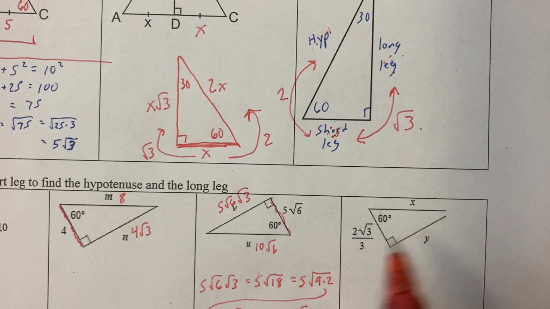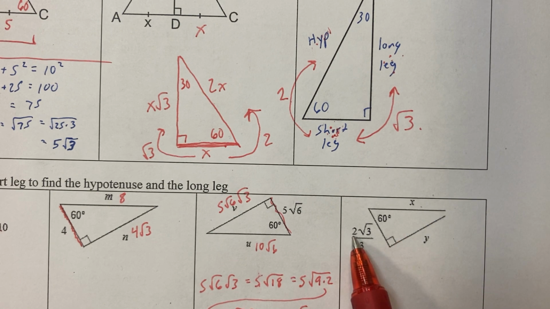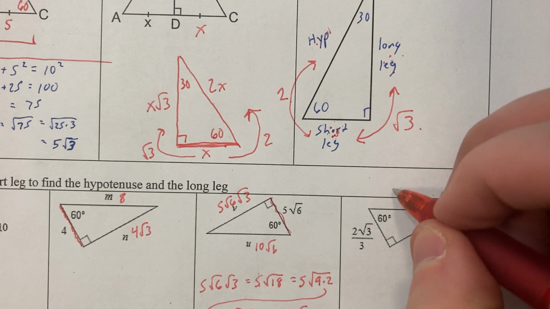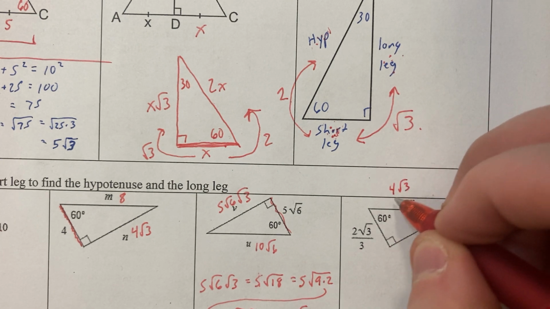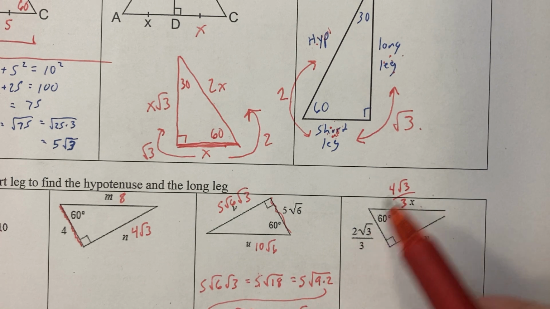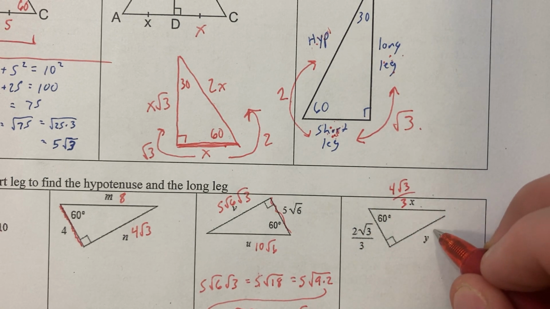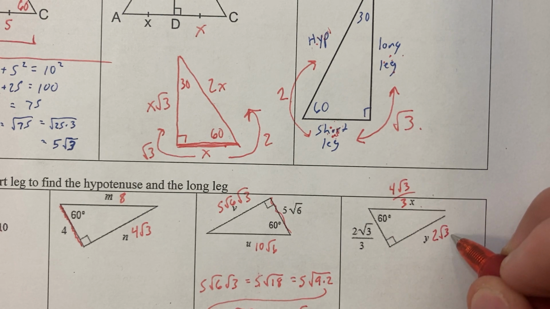Okay, over here. Let's see here. For this one, we double it. So this is 2 root 3 over 3. To double it, you just do 4 root 3 over 3. That is now doubled. Put a 2 on the top. I doubled the top. That doubles the whole thing. And then this one is 2 root 3 root 3 over 3.